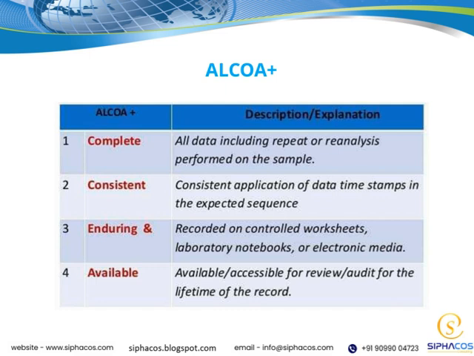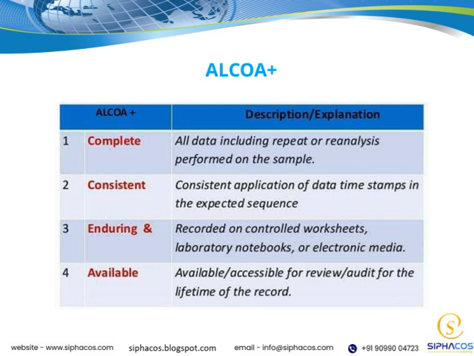Legible ensures that the data is clear and understandable. Contemporaneous reminds us to record data at the time of the activity, preventing any retrospective edits that could compromise integrity. Original refers to keeping the original records intact and unaltered, and accurate emphasizes the importance of precise and truthful data recording.